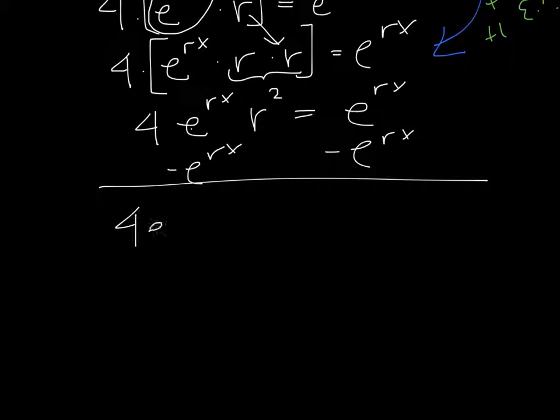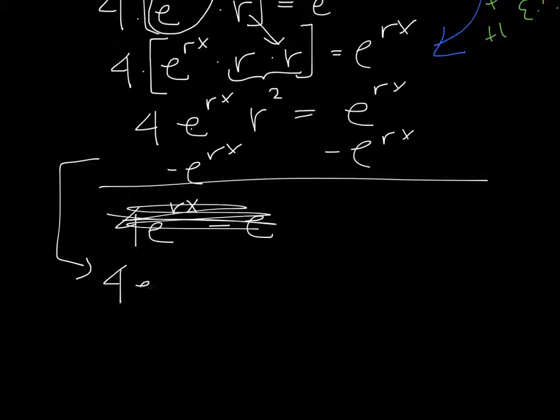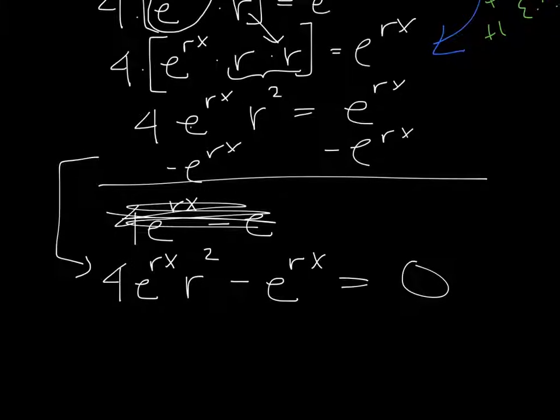Whoops, I forgot my r squared, let me erase that. I don't want to make another mistake. I don't know why this eraser function's not letting me erase, so let's cross that out. So I have 4e to the rx r squared minus e to the rx equals 0.